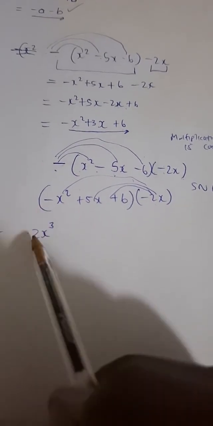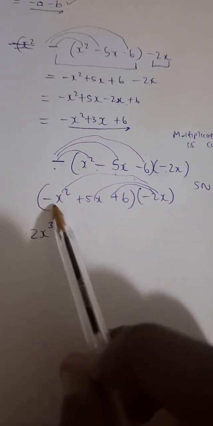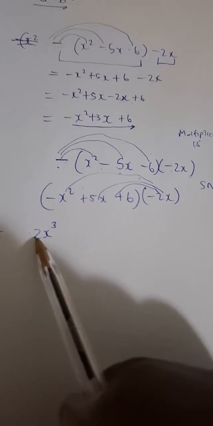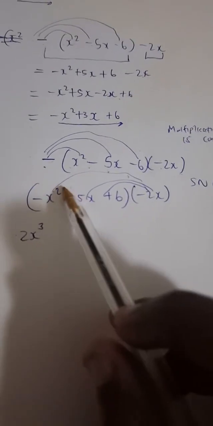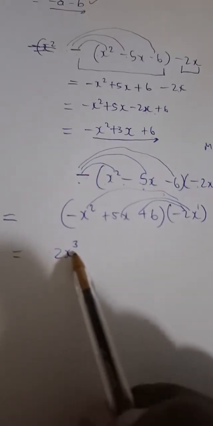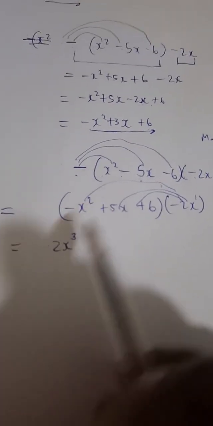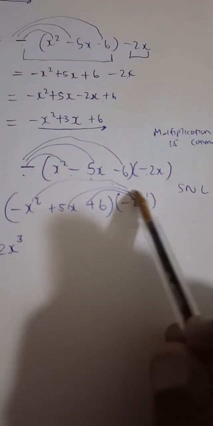Negative times a negative, positive. 2 times a coefficient of 1, gives you 2. x times x squared, we keep the base. There's an exponent 2, there's an invisible exponent 1, so that gives us x to the power 2 plus 1 gives you 3. We are done with the first term.